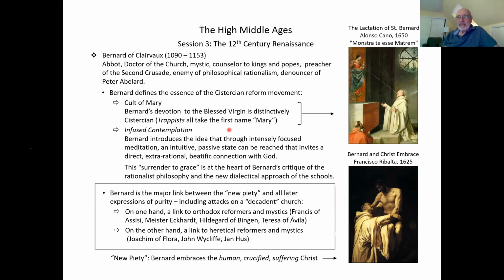You often find this in Trappist documents, Cistercian writing, that they talk about disciplined meditation.